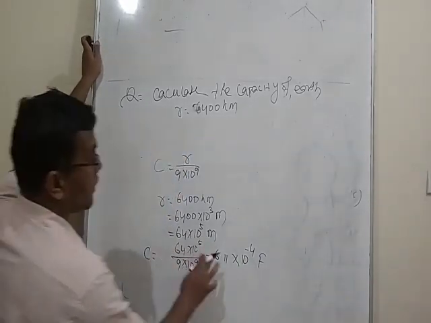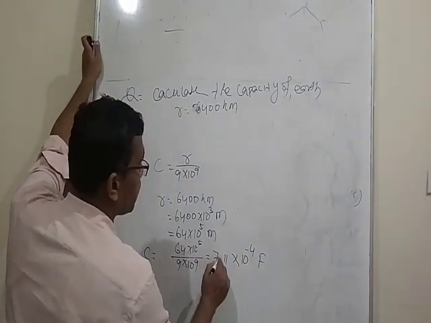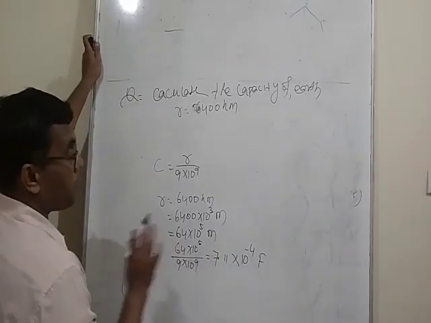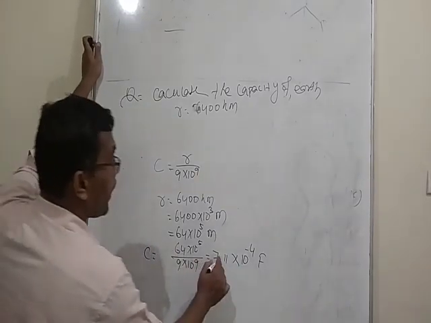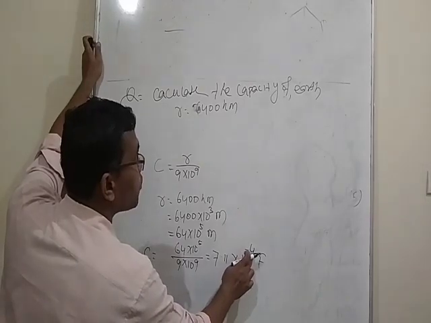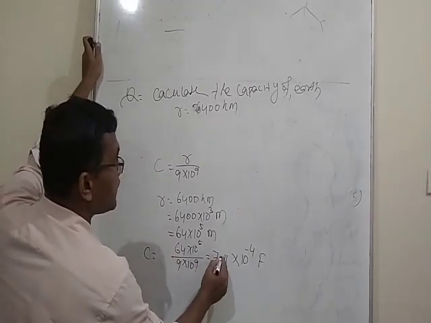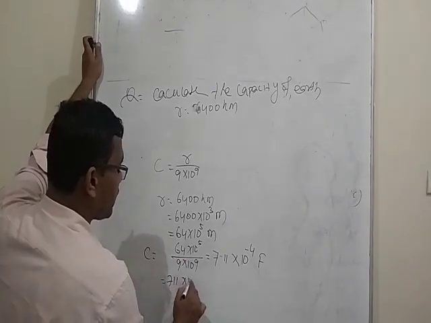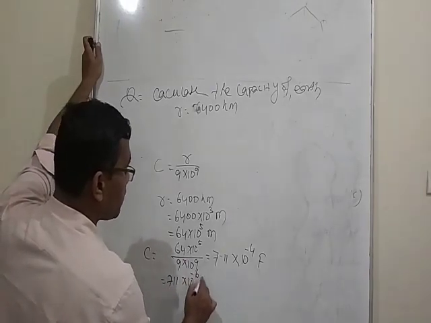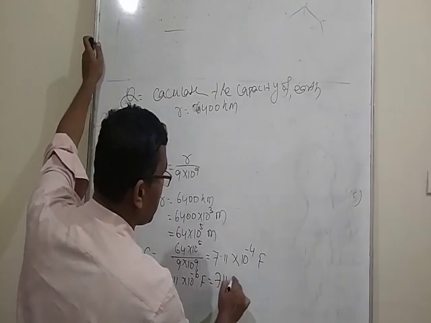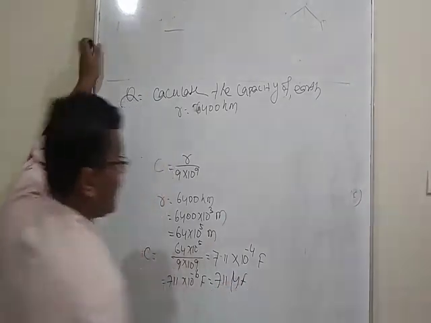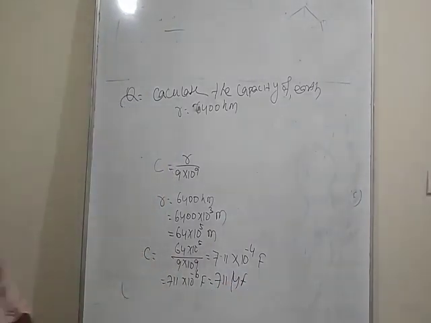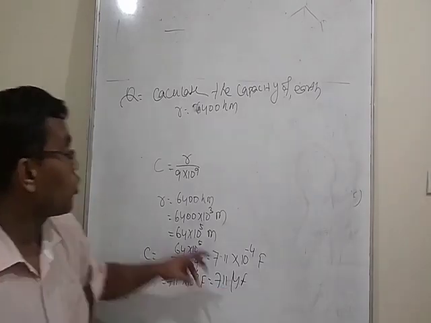But capacity is always rated in microfarad. So how can we convert minus 4 into minus 6? We shift two digits, so this is equal to 711 into 10 to the minus 6 farad, or 711 microfarad. It is the capacity of Earth, 711 microfarad.